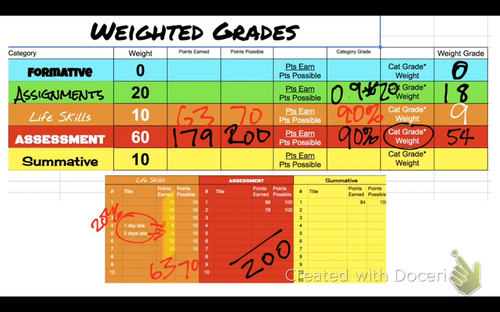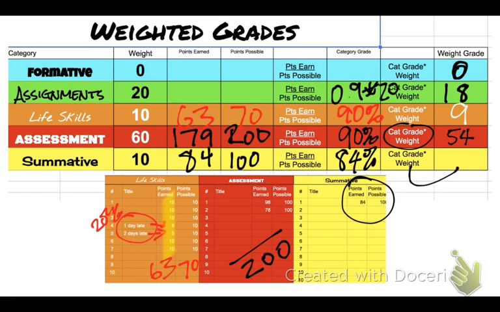The summative is easy because there's not much adding involved, right? So I'm just literally... What are you going to write over here on this part? 84. Okay, you're going to write 84 over 100. Percentage-wise, what is that? 84%. Okay.